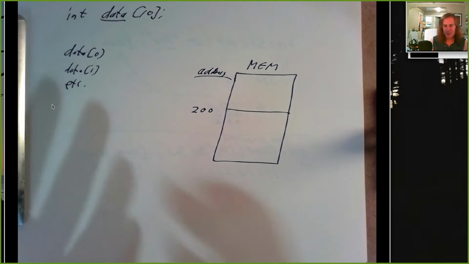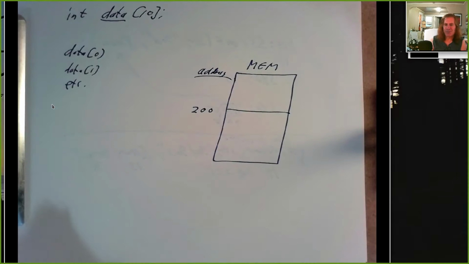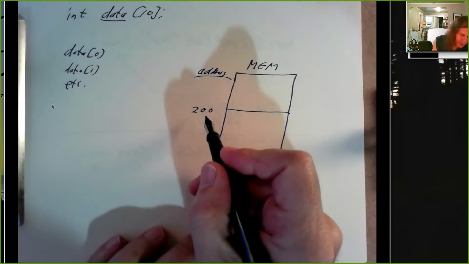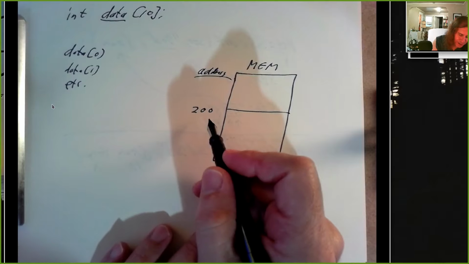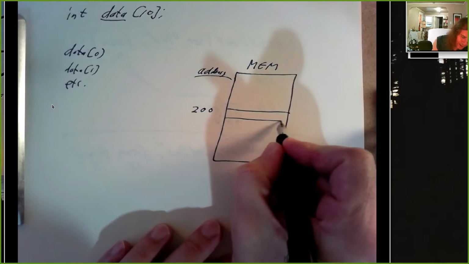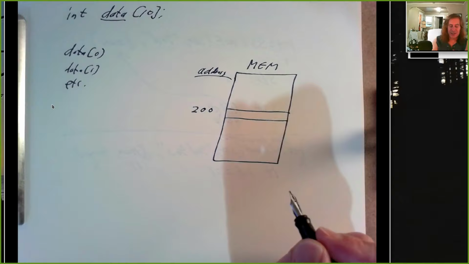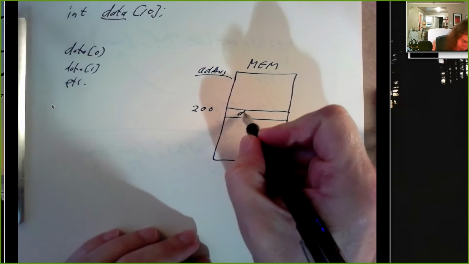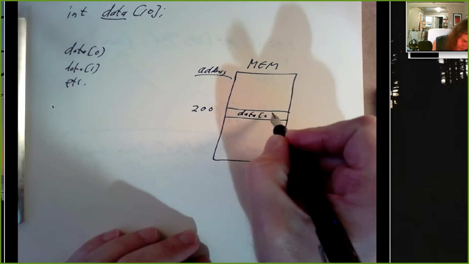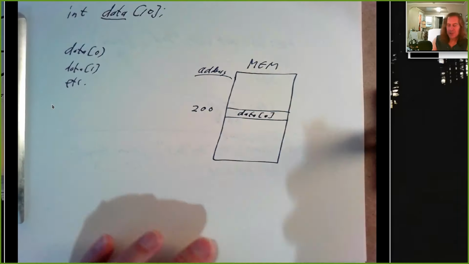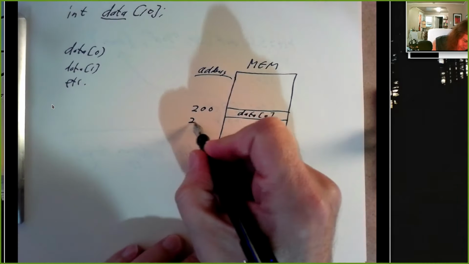So it will arrange for somewhere in memory to be set aside to store some integers. Okay, so it'll say, let's store our integer starting at memory location 200. And integers take 4 bytes. So data bracket 0 will be stored from locations 200 through 203.